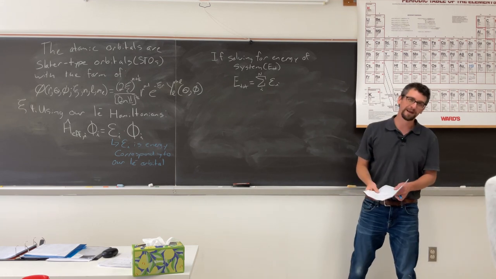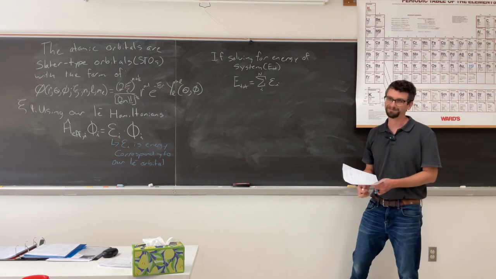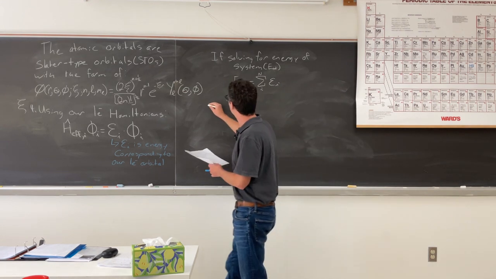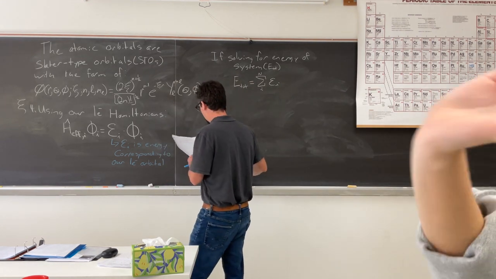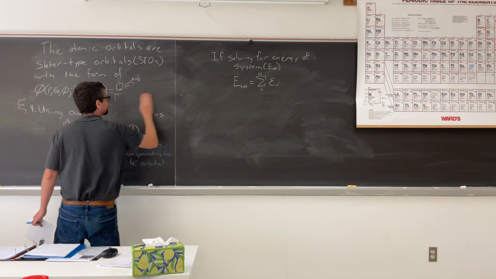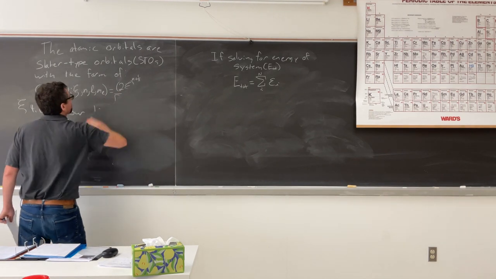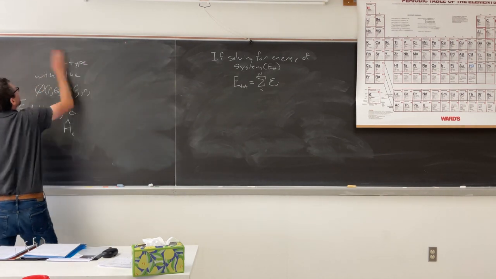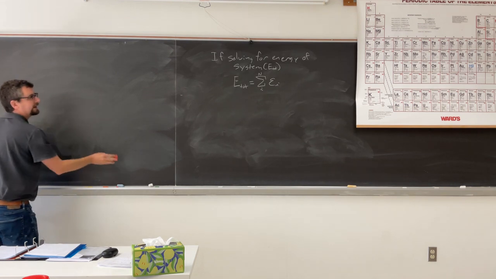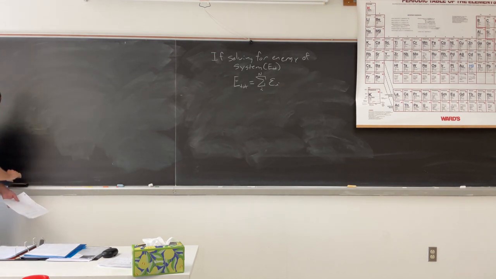So what do you think we're going to have to do? So we're going to set up a secular determinant. So we want to minimize that energy, utilizing a secular determinant.